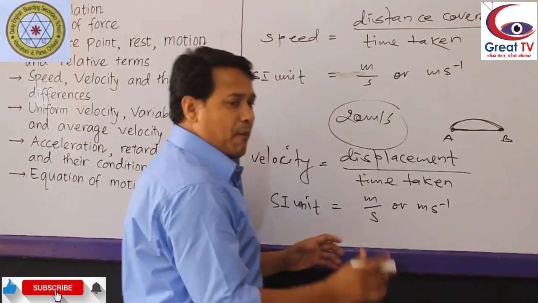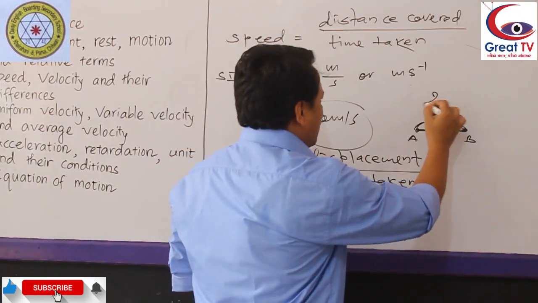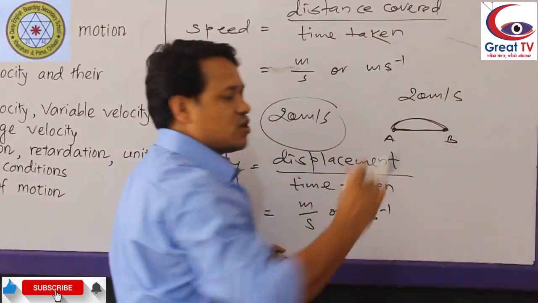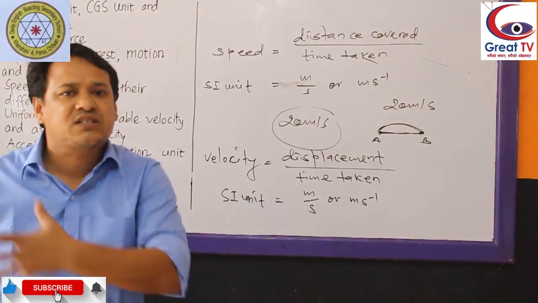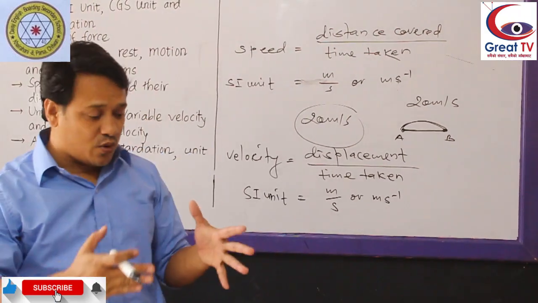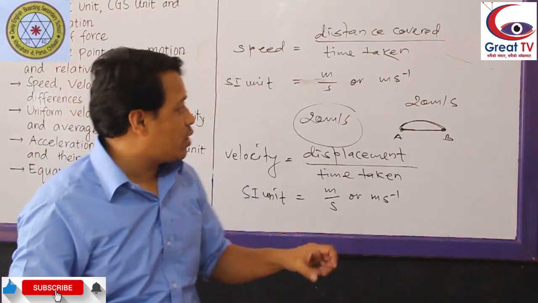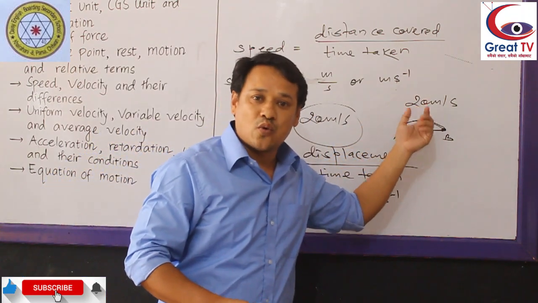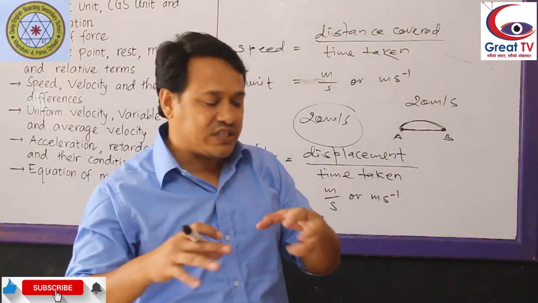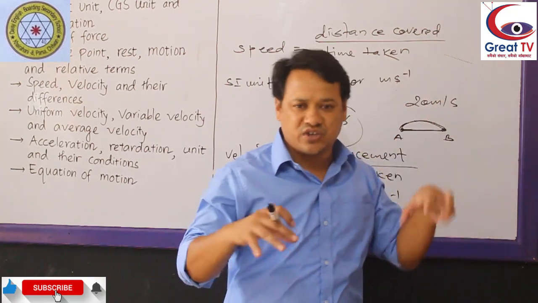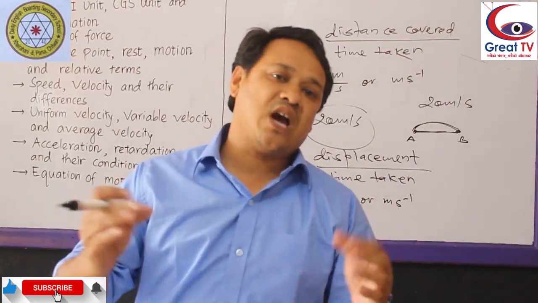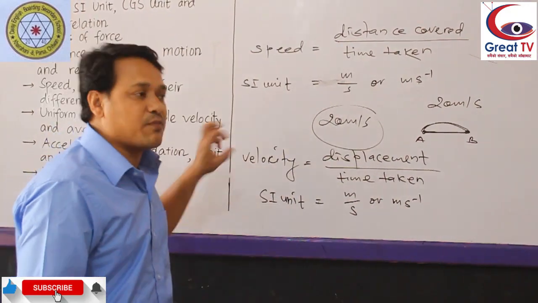Like a car is moving with 20 meters per second towards the east. So here we mention the direction as well as magnitude. So those physical quantities which need magnitude as well as direction for complete description are vector quantities, and velocity is a vector.